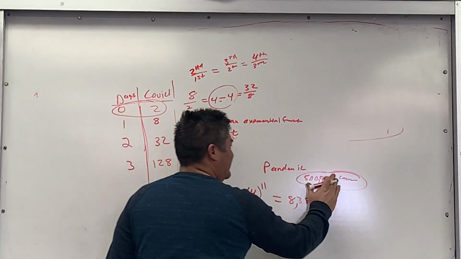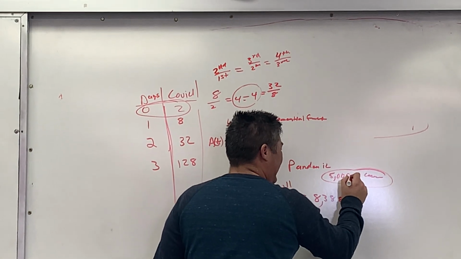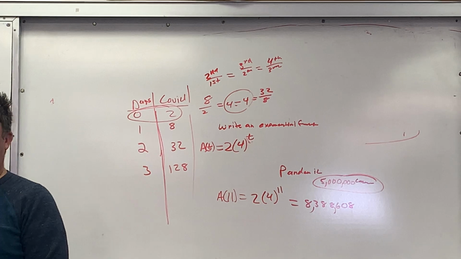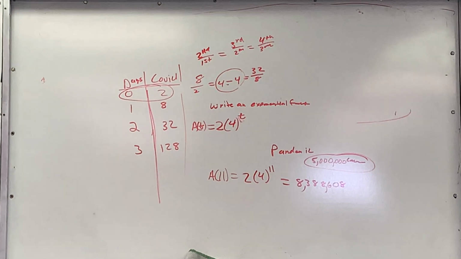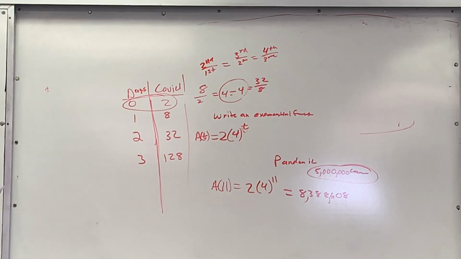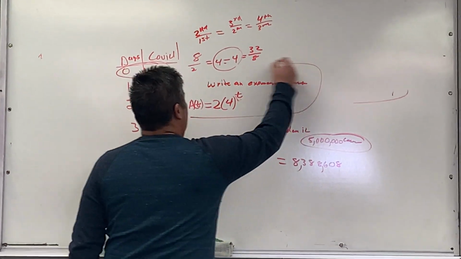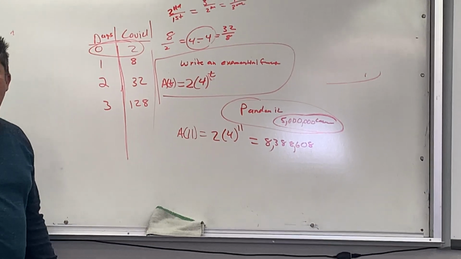Wait, I should have said this was 5 million cases. That would have been closer to truth, I guess. I didn't know what I was doing there. But for sure, would I declare a pandemic after 11 days? Oh, yeah, I would declare a pandemic after 11 days. Okay? So, yes, I could definitely declare a pandemic. That's it. Okay? So, the first question is going to be write an equation. Second one's going to give you a value, probably like 5 million cases, something like that.